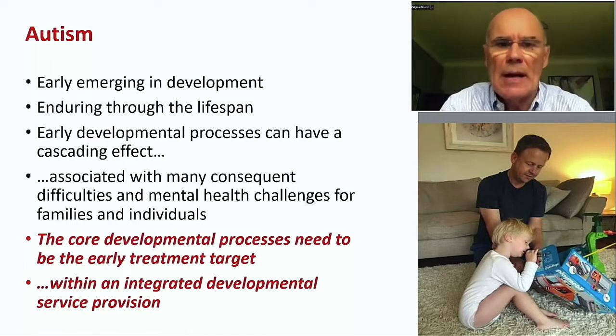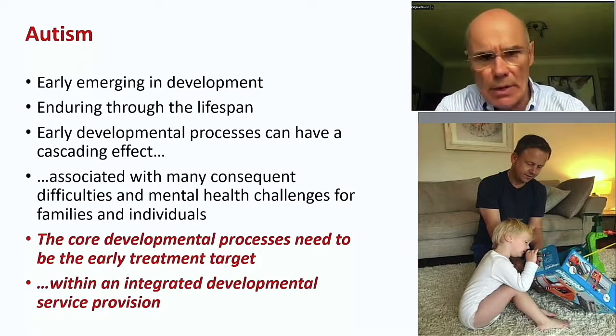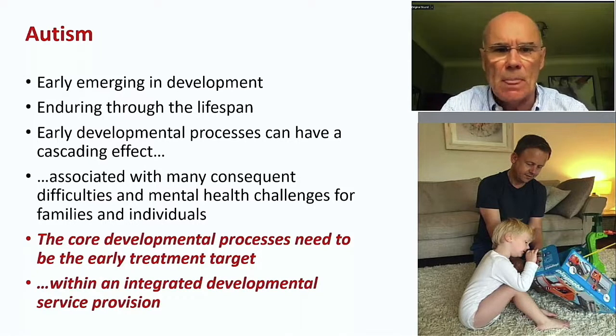A key thing about autism that frames our approach is that it is a developmental condition. It arises early in the first few years of life, and it's an enduring condition, enduring in most cases through the lifespan.